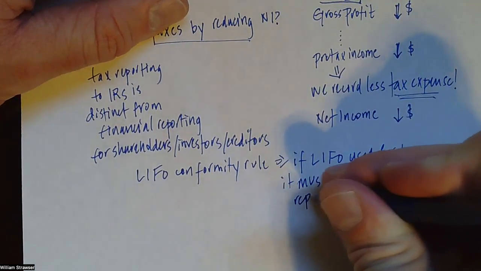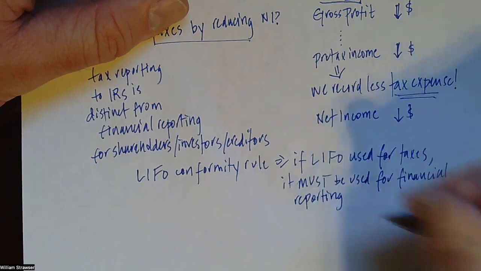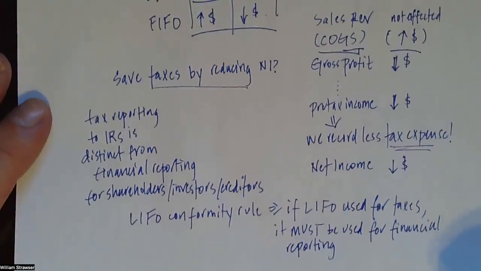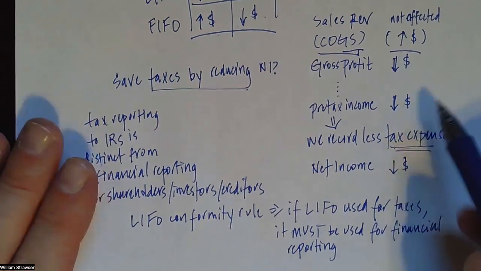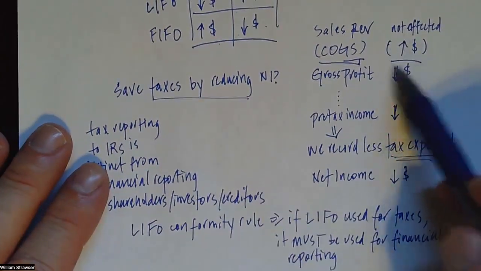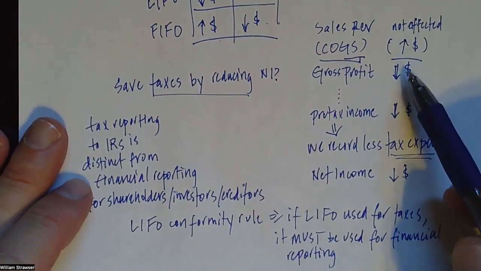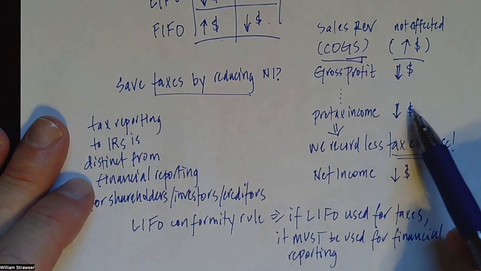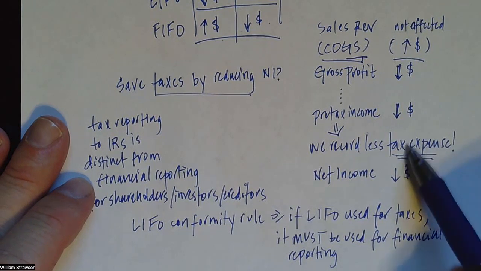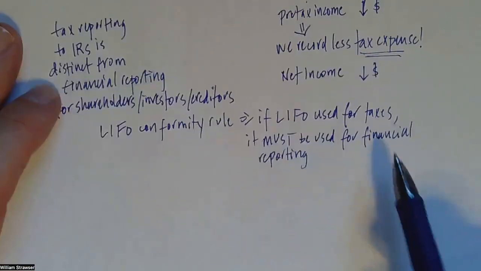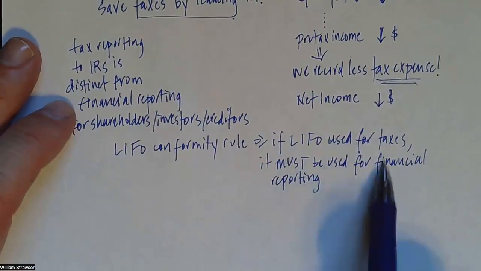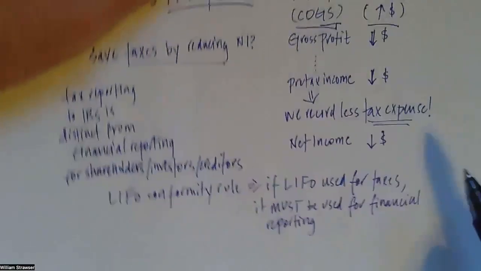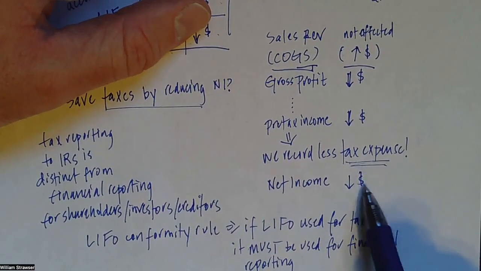So there's no way around it. If I use LIFO for my taxes, because that's what I'm trying to do here, right? I'm trying to report higher cost of goods sold on my tax return so that I report less profit and less pre-tax income, and it'll trigger less tax expense. But if I do that for my taxes, I have to use it for my financial reports. And so my net income will be less.